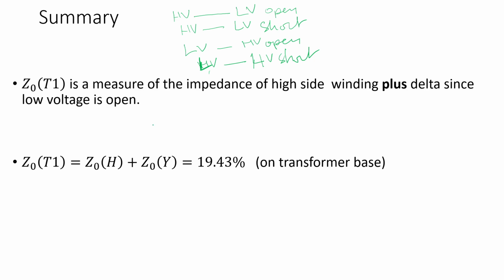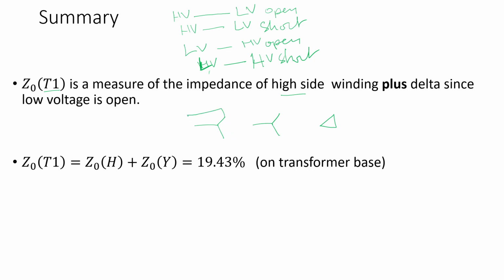So let's kind of summarize. So we said zero sequence impedance obtained from test 1 is a measure of the impedance of the high side winding plus the delta, since low voltage is open. Basically, if I do a quick sketch here, so if I assume this is a high voltage, this is a low voltage, this is the delta.